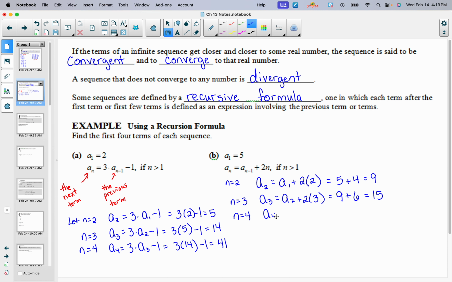So a sub 4 is the previous term, which was a sub 3, plus 2 times n, which is 4. So I get 15 plus 8, which is 23. All right, so that's how we use a recursion formula. Not hard. It helps to write down the value of n, and just be careful.